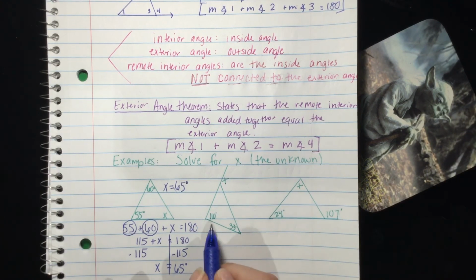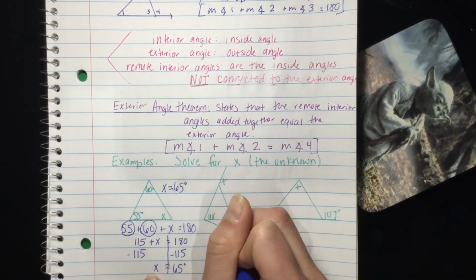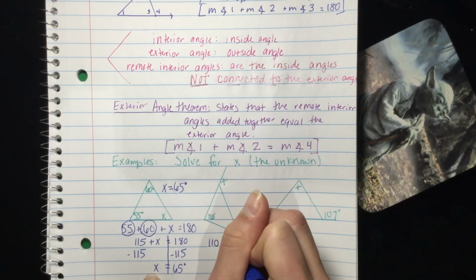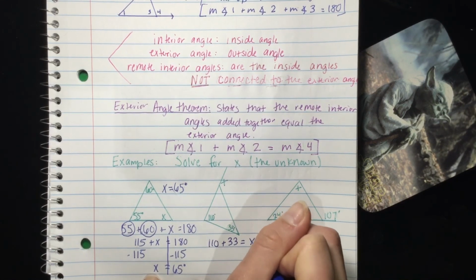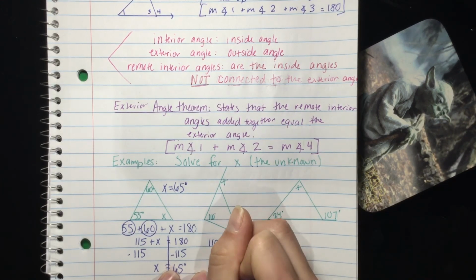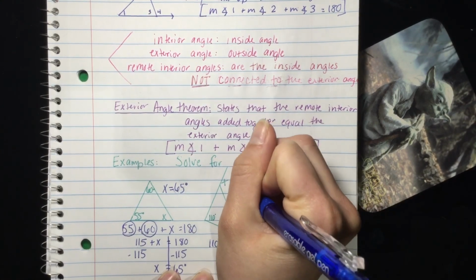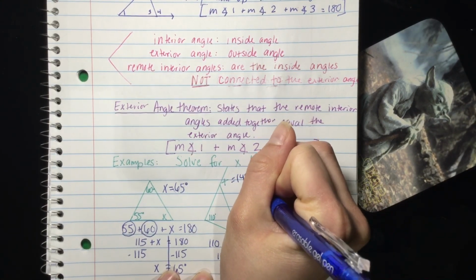So what you can do is just add these two up, and that's going to equal what x is. So 110 plus 33 equals x. You guys are smart. 110 plus 33, what does that equal? 143 degrees is what x equals. So this is 143 degrees.